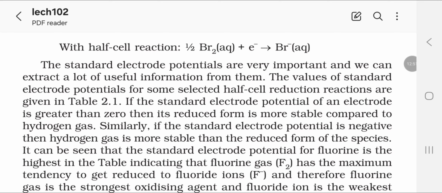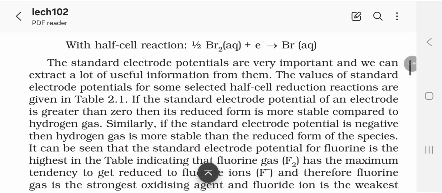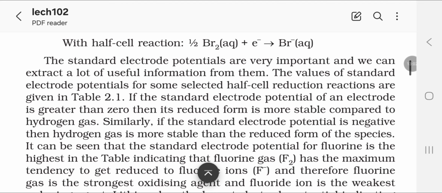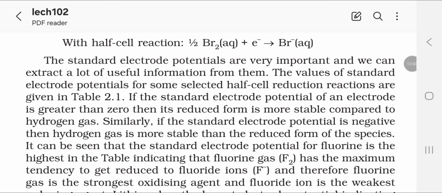The standard electrode potentials are very important and we can extract a lot of useful information from them. The values of standard electrode potentials for some selected half cell reduction reactions are given in table 2.1. If the standard electrode potential of an electrode is greater than 0, then its reduced form is more stable compared to hydrogen gas.